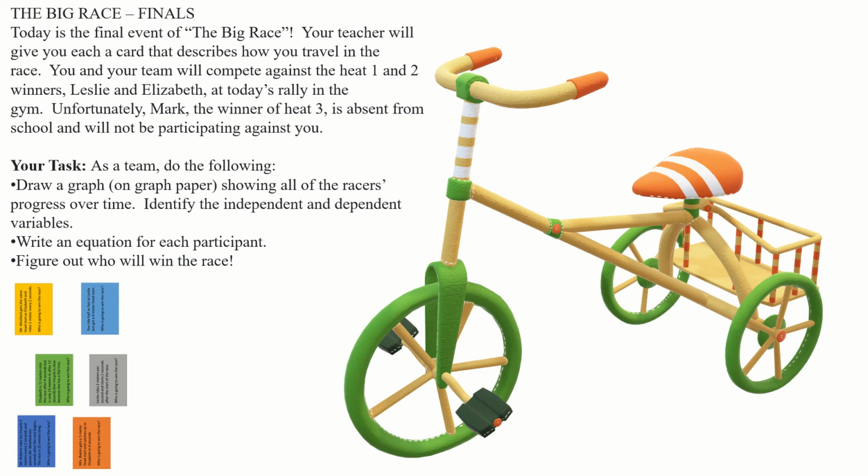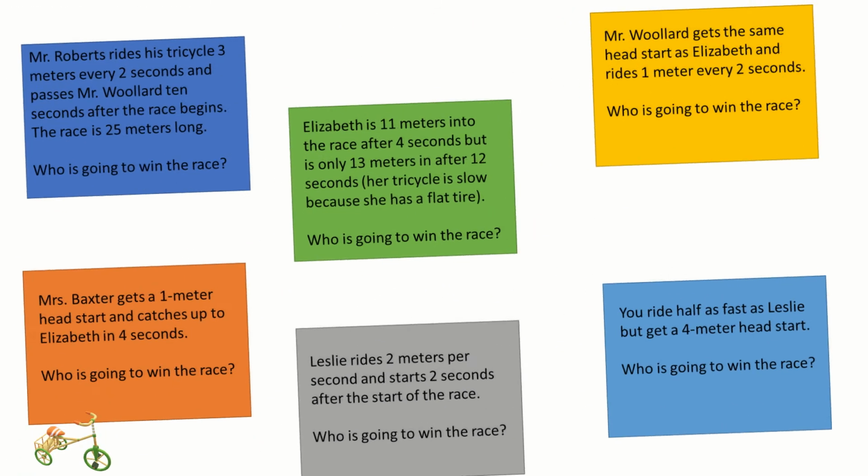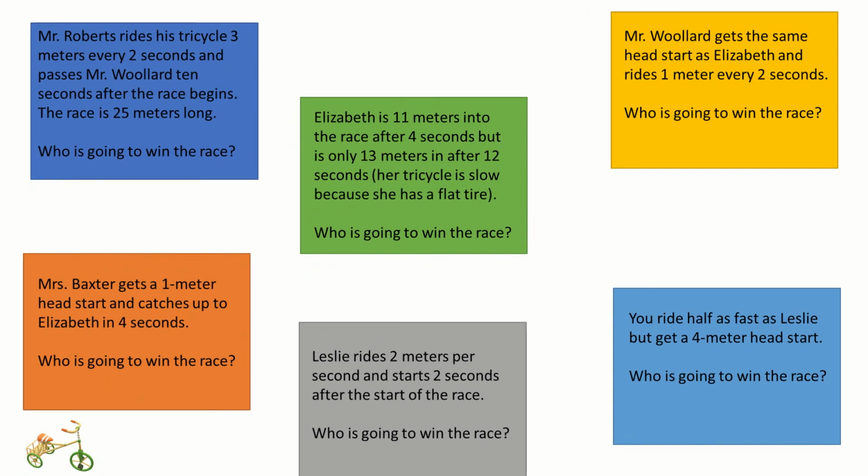So let's look at the information that you're given. It's these 6 cards, and the one that is you is the light blue one that I've added in the lower right. That card represents you and your race, and the other racers are 3 teachers in the math department and Elizabeth and Leslie from heats 1 and 2.